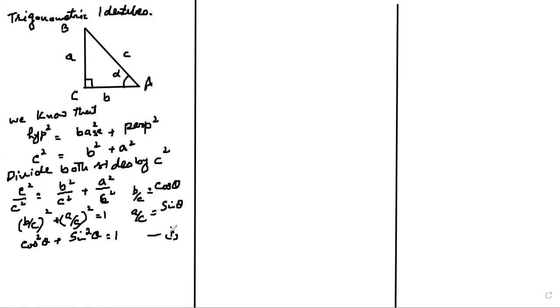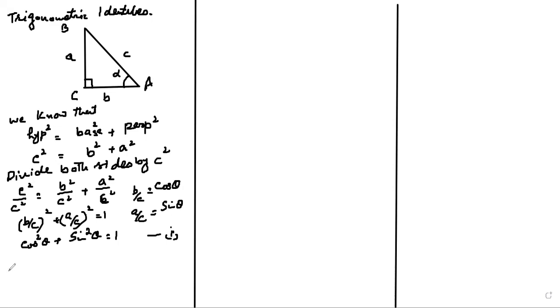It's sine square theta plus cosine square theta equals 1. Identity is an equation which is true for every value of x or every value of theta. And we are assuming that this angle alpha is in the first quadrant, and it is less than 90 degrees.